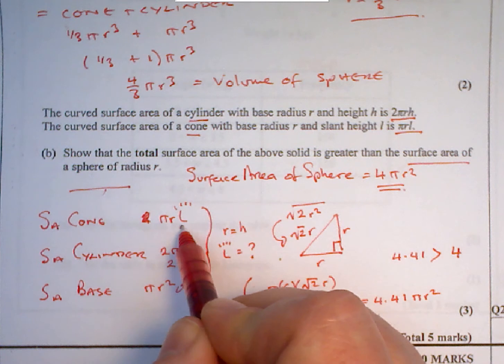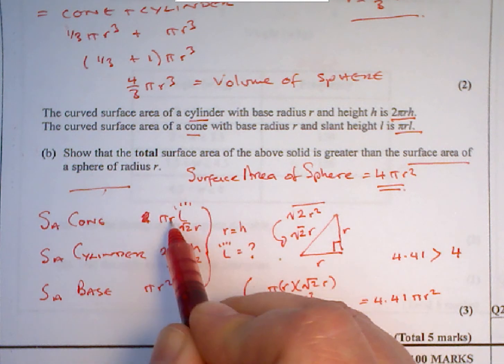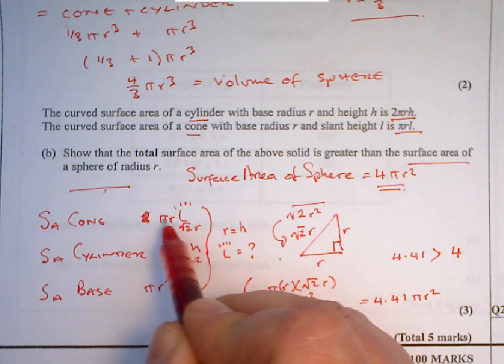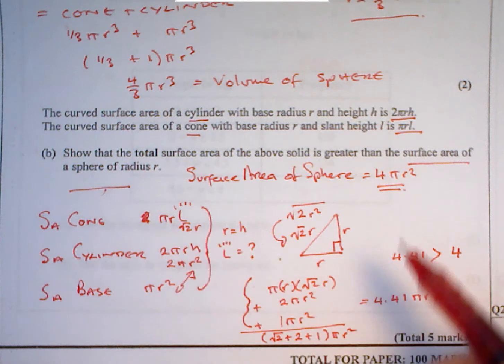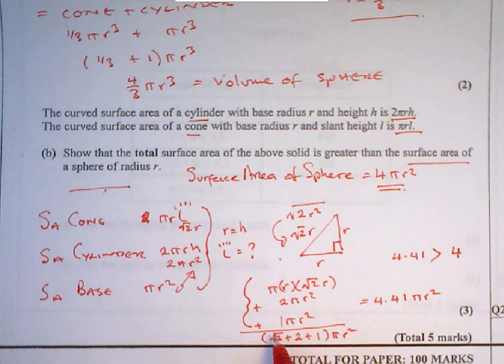If I put √2 r in there, you can see that the r and the r are going to give you the pi r squared that we had before, but with a √2 in front. So here I've got √2 pi r squared, 2 pi r squared, 1 pi r squared, and that gives me √2 and 2 and 1. If I put that into the calculator, I get 4.41 and a bit more.